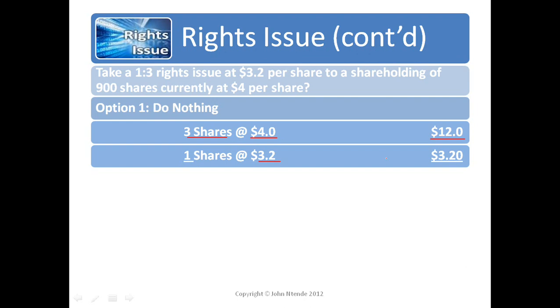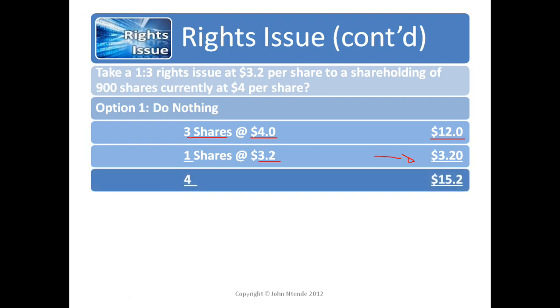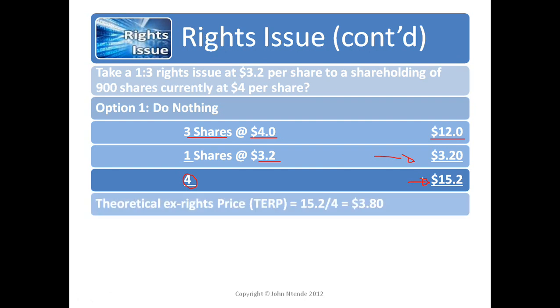So 3 shares plus 1 share gives you 4 shares, and 12 plus 3.2 gives you 15.2. So the theoretical ex-rights price is 15.2 divided by 4, which gives you 3.8. So 3.8 is what they call the theoretical ex-rights price.